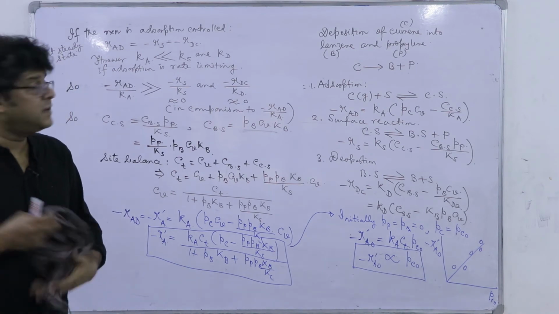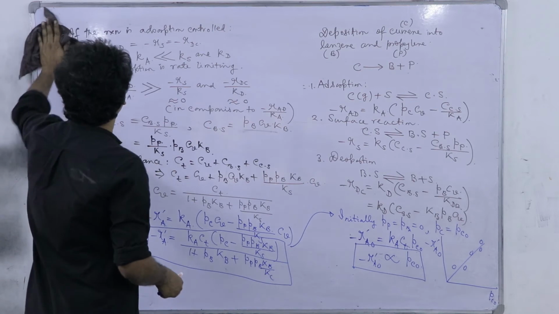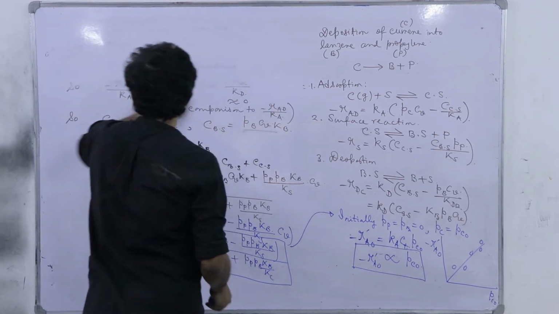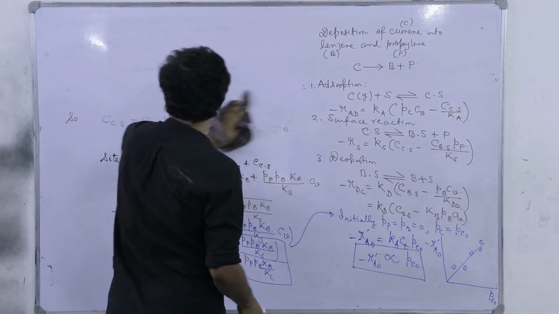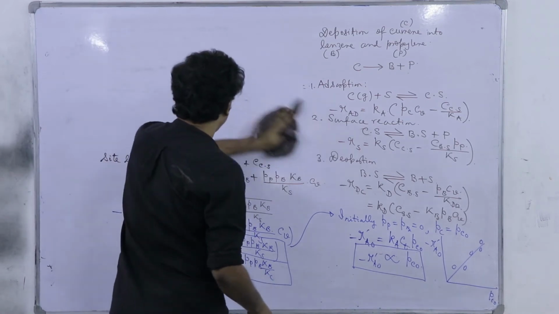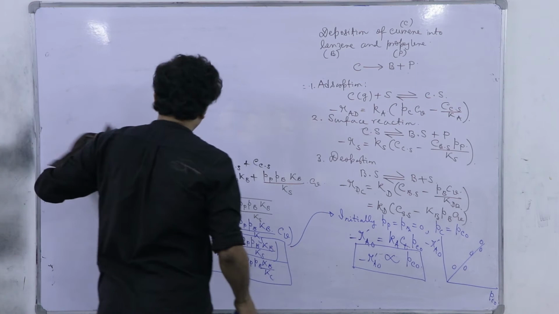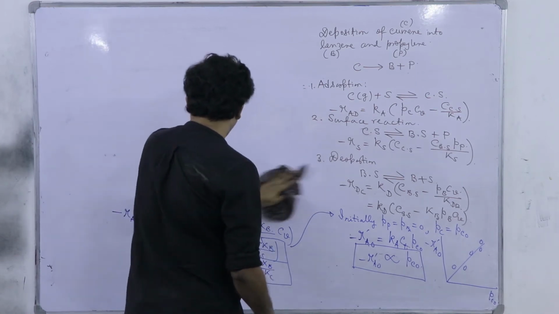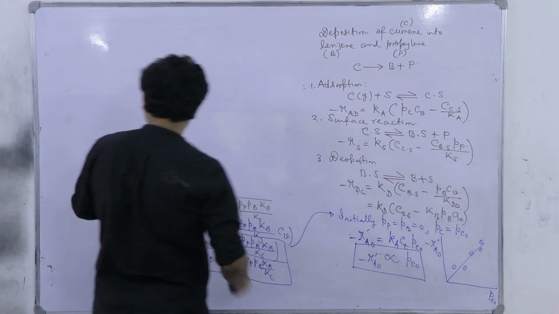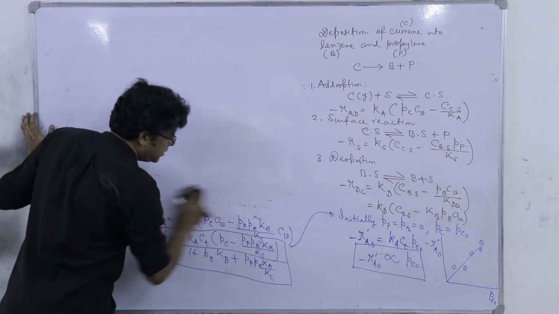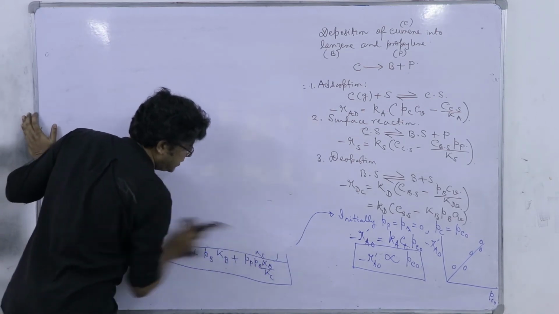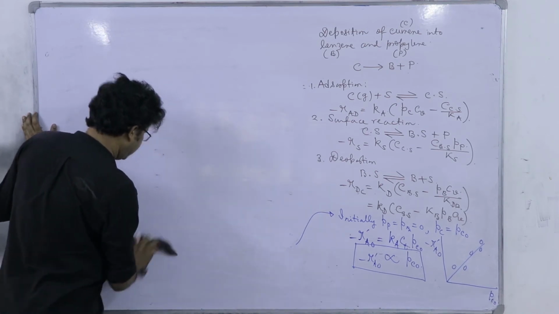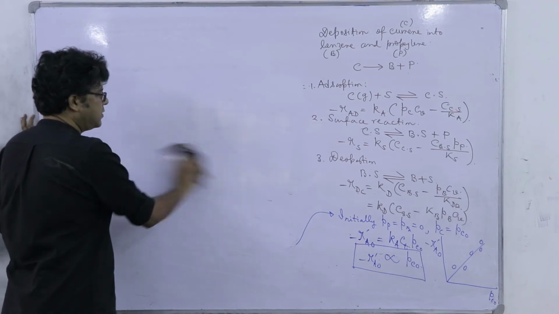So, if it is surface reaction controlled, what will be the rate expression? Let us find out what the rate expression will be in terms of the partial pressures, and what will be the respective initial rate expression, right.